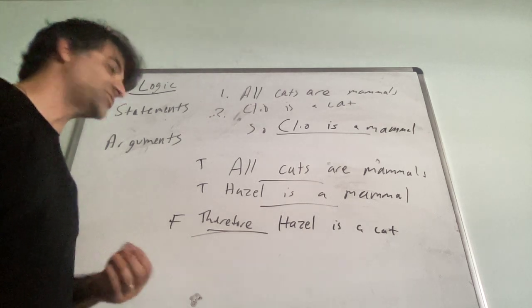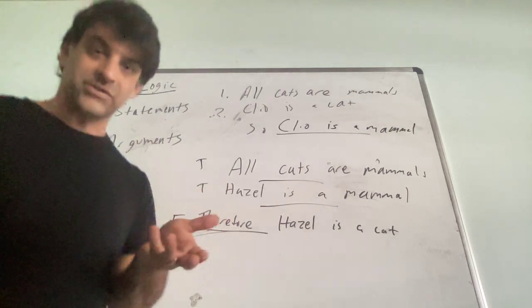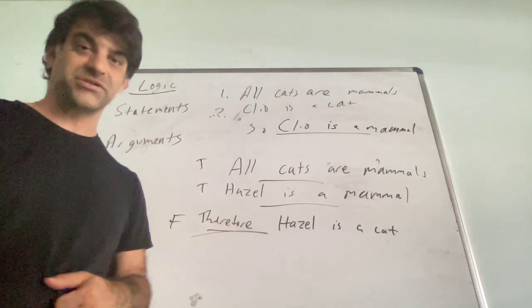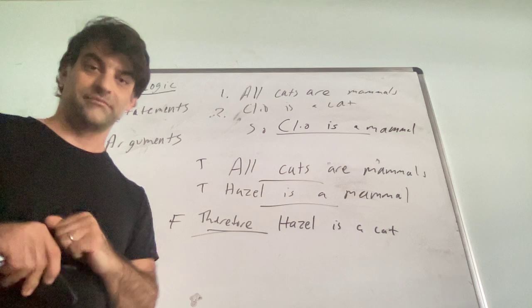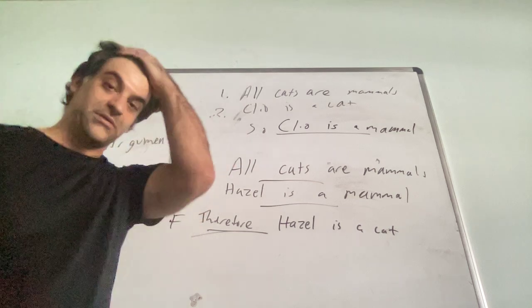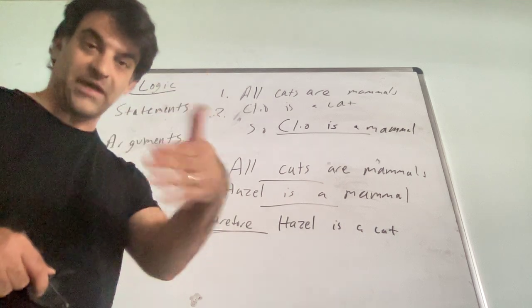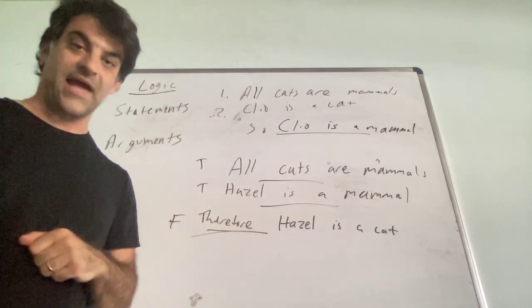All the small pets in my house are cats, and Cleo is a small pet in my house, so Cleo is a cat. That would be a valid argument, and the key is the conclusion of that argument is that Cleo is a cat.